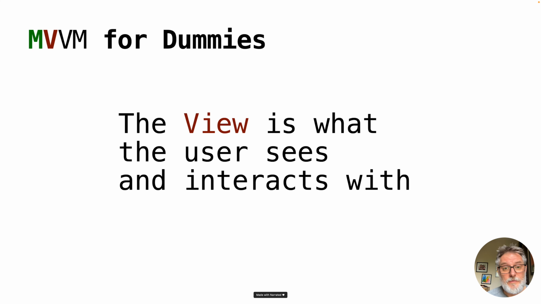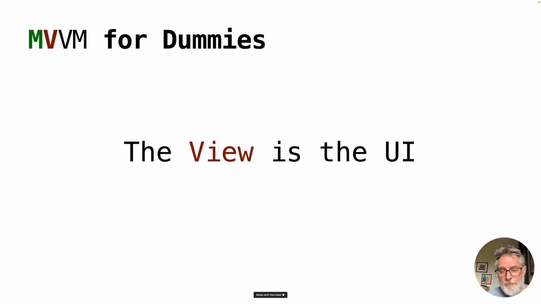Views are views in views and views. In the MVVM way of thinking, the view is what you interact with. It sends messages back from the user into the system in some way, and it displays the results, whether buttons or tables or whatever you want.